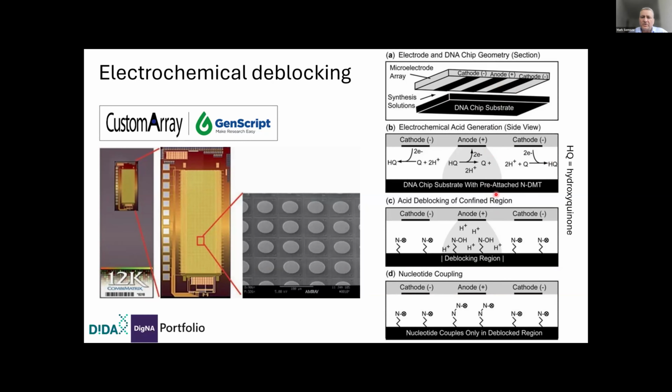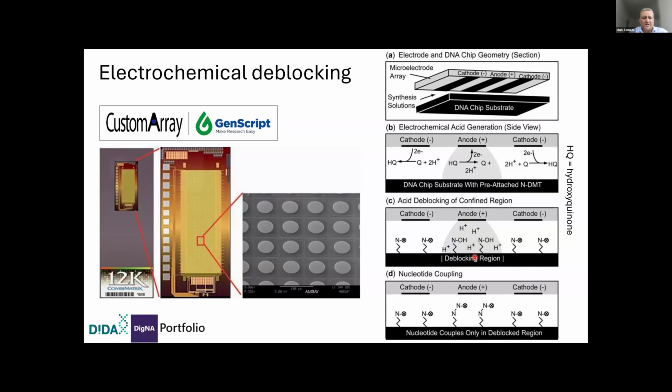That electrochemistry generates a positive hydrogen ion, which then does the deblocking step, and then you have regular phosphoramidite chemistry. So this approach works well, and they've been successful in making microarrays and libraries. I think, Robert, you've used some of their libraries as well.